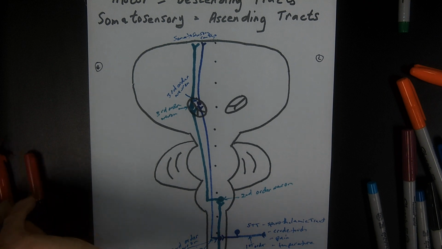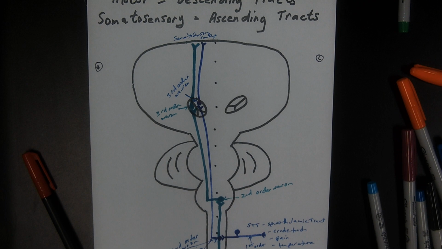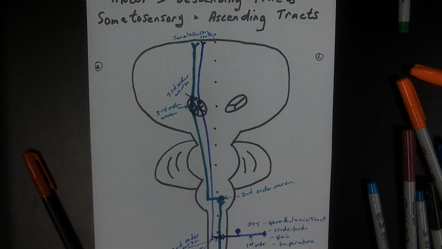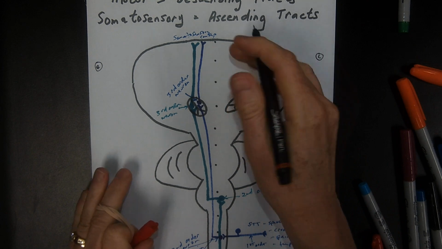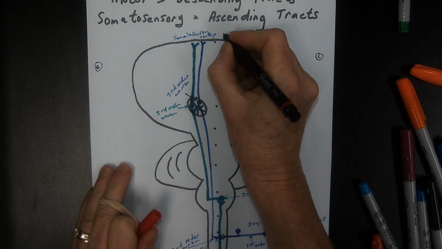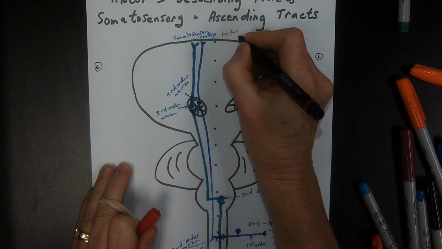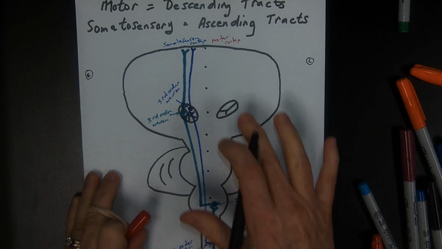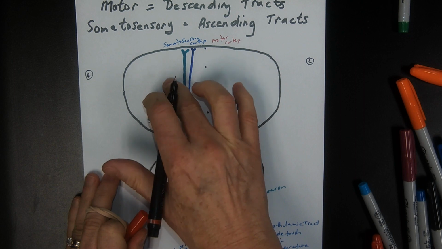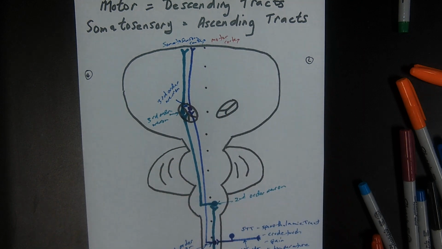Okay, moving on then. So this is the somatosensory information. I'm going to put the motor information on this side, just because it's kind of crowded over here. So this will be the motor cortex. Okay, so starting on this side. It happens on this side too, but I'm just going to separate out the two of them.